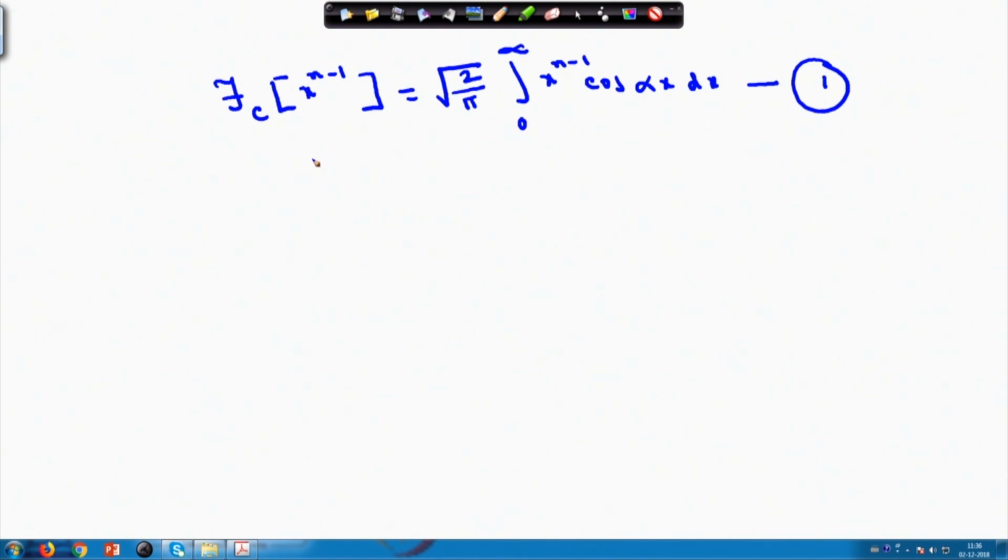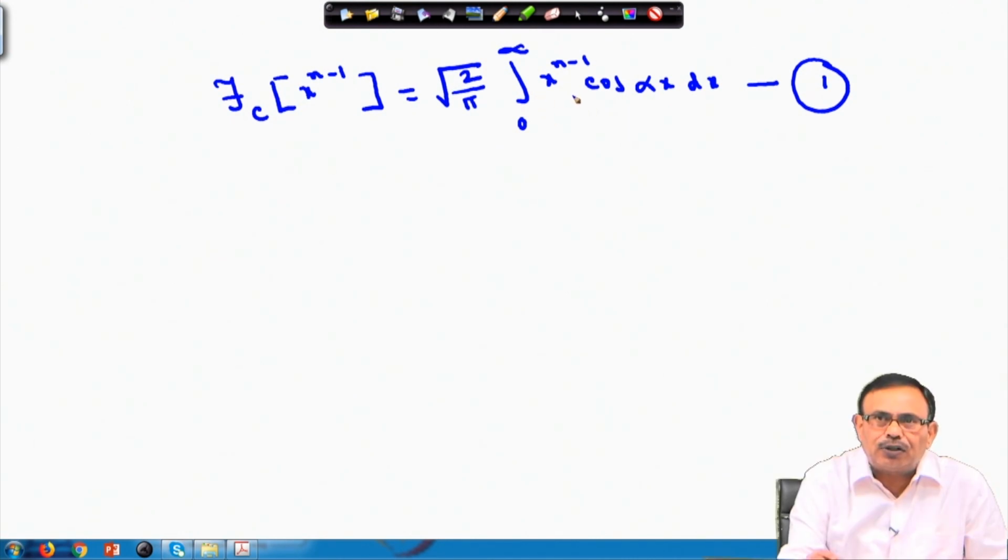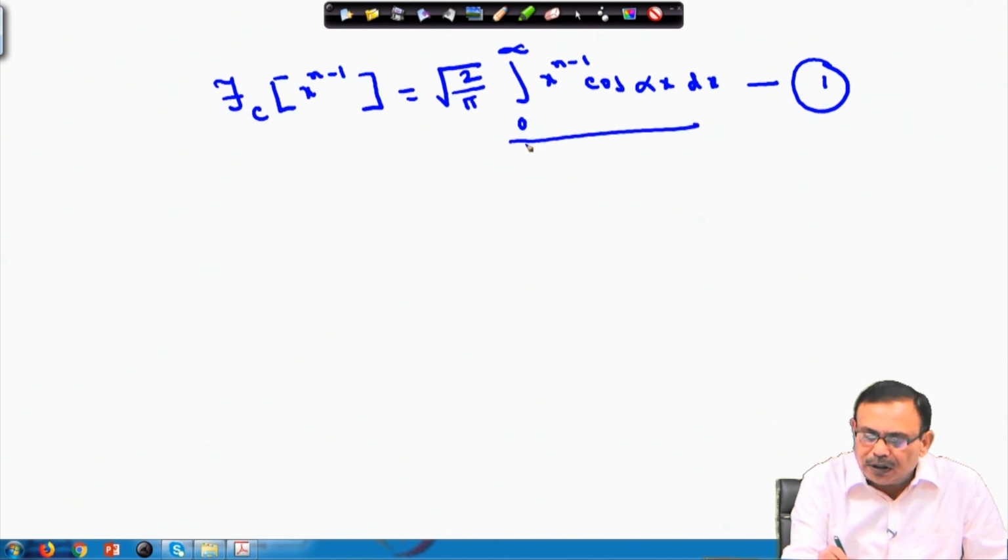If it was Fourier sine transform, then it would have been root over 2 by pi integral 0 to infinity x to the power n minus 1 sine of alpha x dx. Now, we have to evaluate this particular integral.